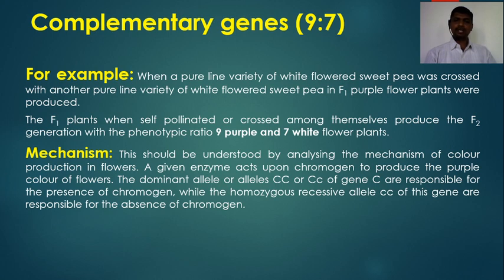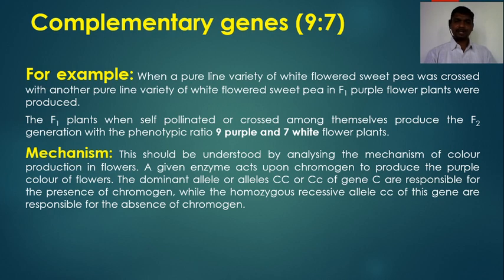So purple flower production depends on an enzyme which acts upon the chromogen, which is a base required for the color production. When both these things happen, the purple color of the flower is produced in the F1 progeny.